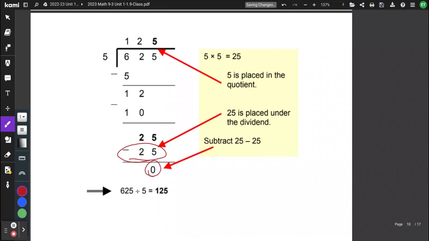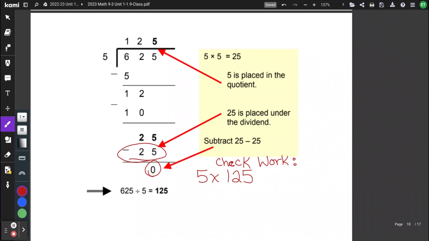So that means if I take my number 5 and I multiply it by the number on top, this checks my work. Check your work by doing the opposite function. You take the number on the left and the number on the top, and you multiply them to see if you get the number underneath.